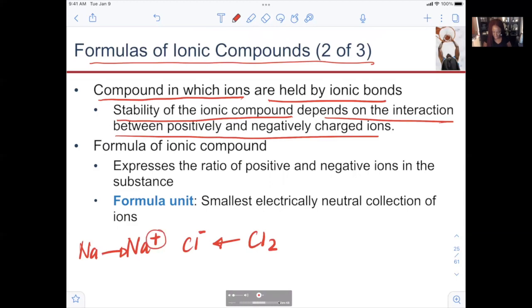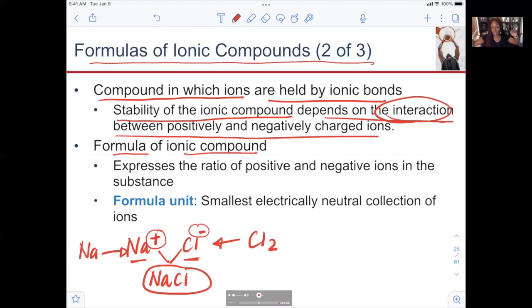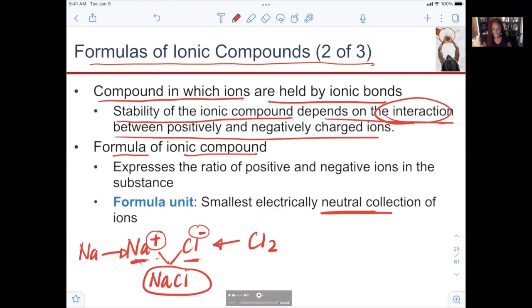And then these, because they have opposite charges, are drawn to each other to form sodium chloride. What forms the bonds and keeps them together is the attraction between the oppositely charged ions, the cation and the anion, okay? So once you made the compound, we're told that the formula of the ionic compound follows certain rules. You want to make sure that you take enough of each ion to make sure that you have a neutral compound, okay?